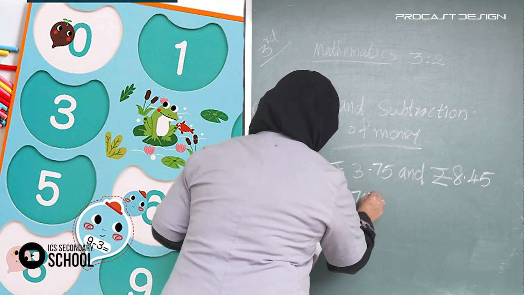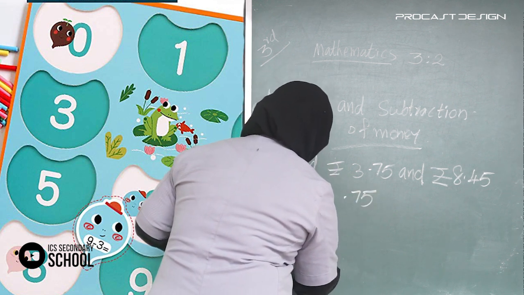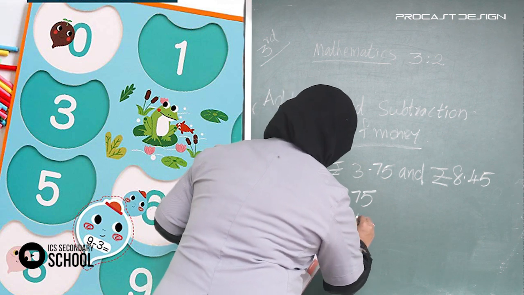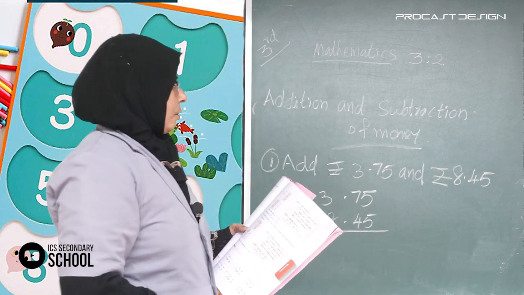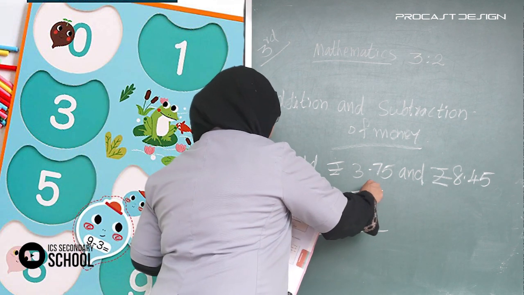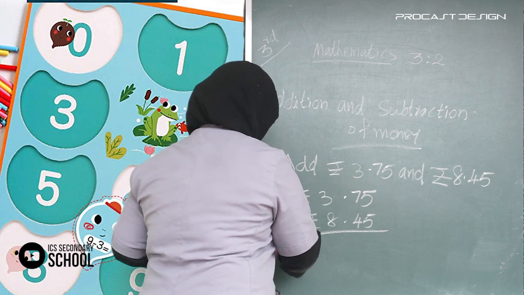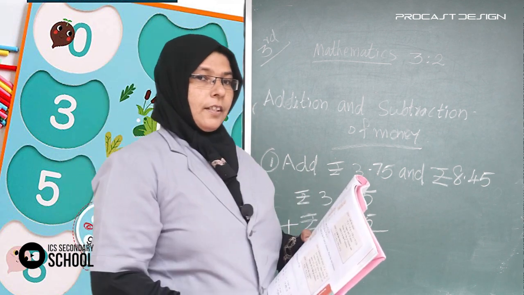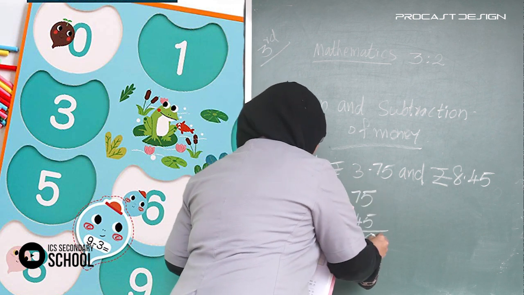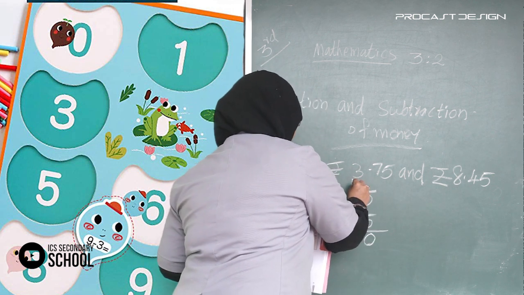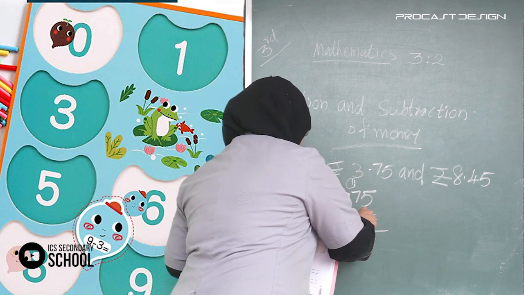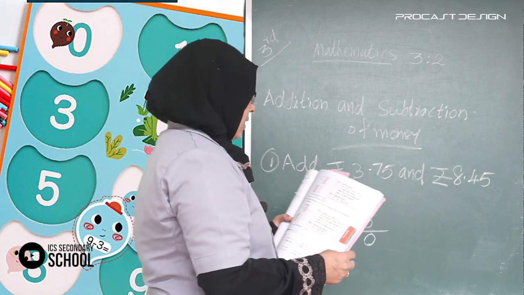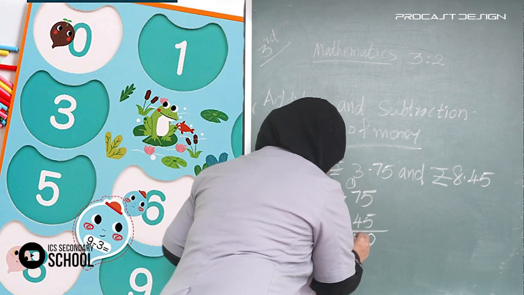Listen, 5 plus 5 equals 10. Write 0 right here and carry 1. 4 plus 7 equals 11, plus 1 is 12.